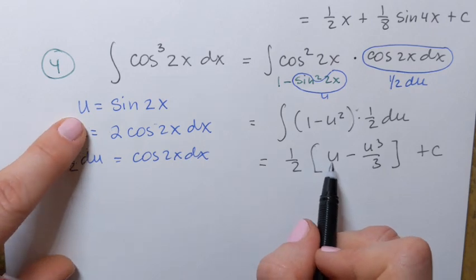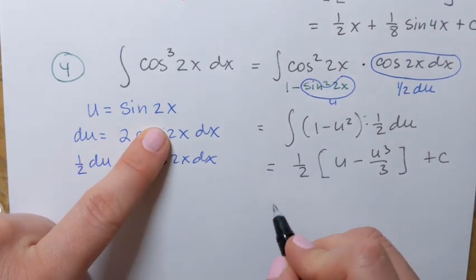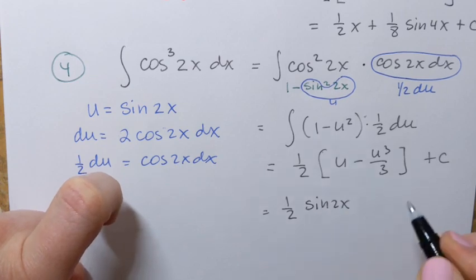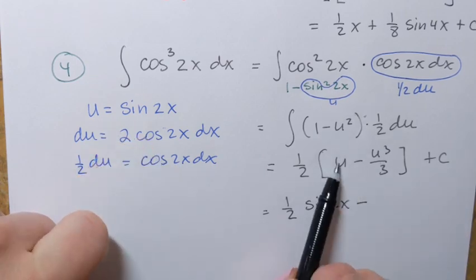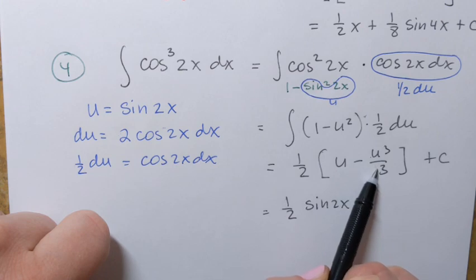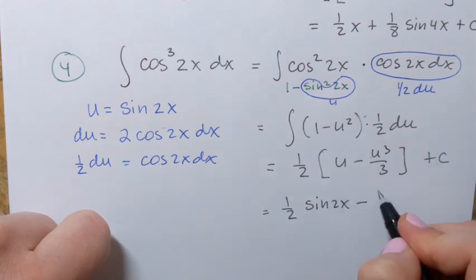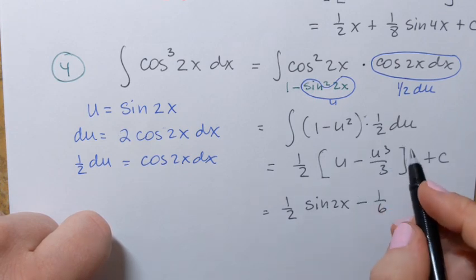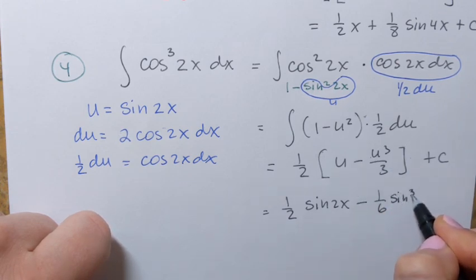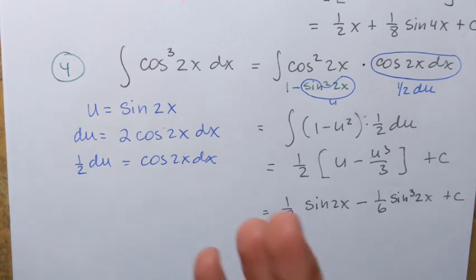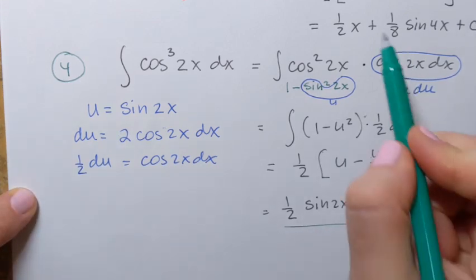So u I'm replacing with sine of 2x. That's 1/2 sine of 2x minus 1/2 times 1/3 is 1/6, minus 1/6 sine cubed of 2x plus c. And that's my answer for part 4.